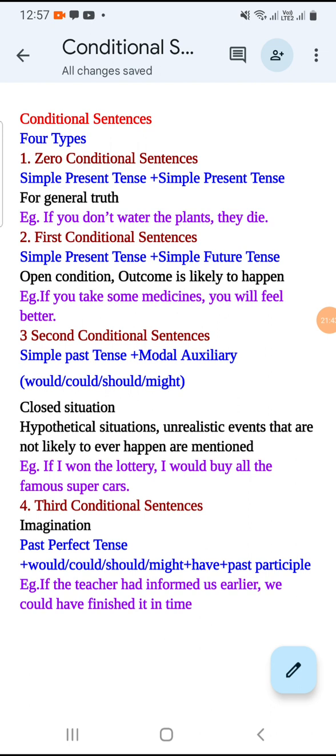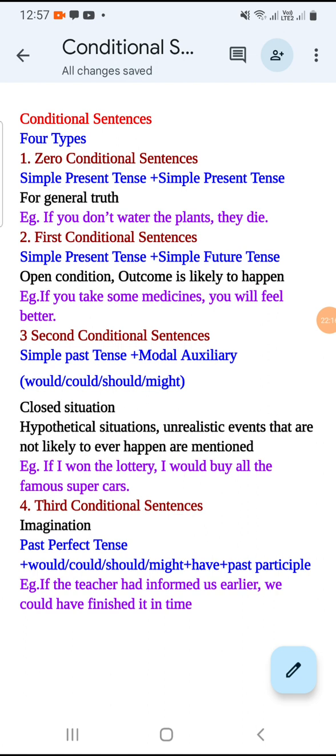And another example, suppose your exams have finished, right? And your result has come, so then your father may say that if you studied hard, now chances are not in your hand, nothing can be done. But then your father is saying that if you worked hard, if you studied hard, right, you would get a better result, right?